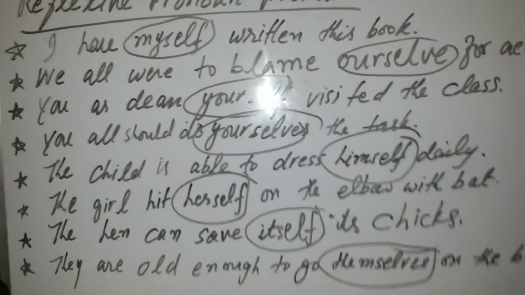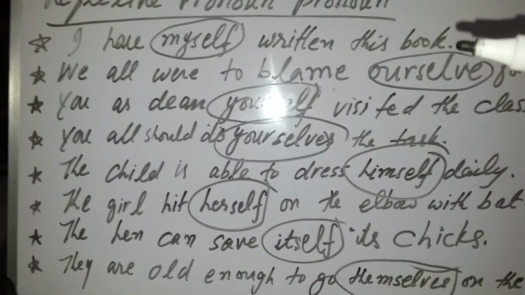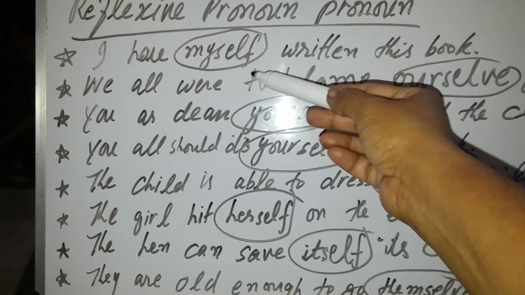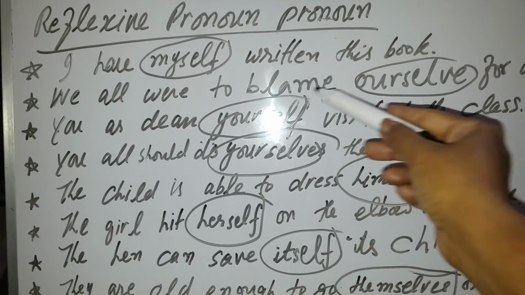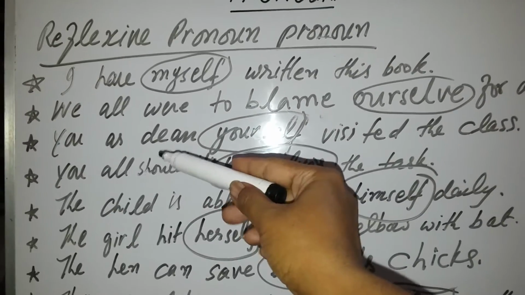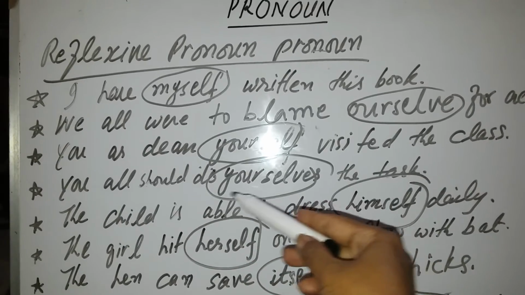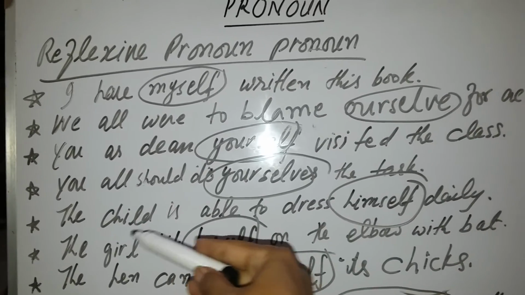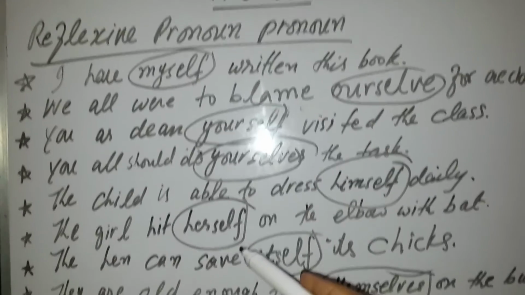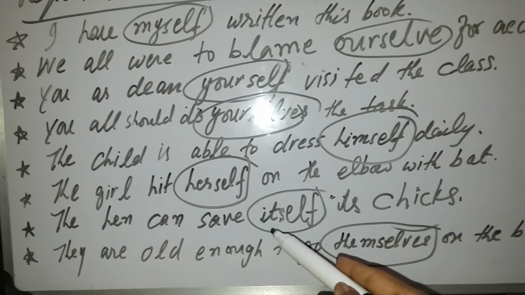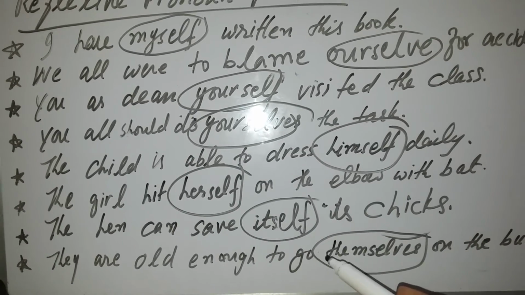Now these are the uses of the reflexive pronoun. Look at the sentences. I have myself. We all were to blame ourselves. You as dean yourself. You all should do yourselves. The child is able to dress himself. The girl hit herself. The hen can save itself. They are old enough to go themselves.